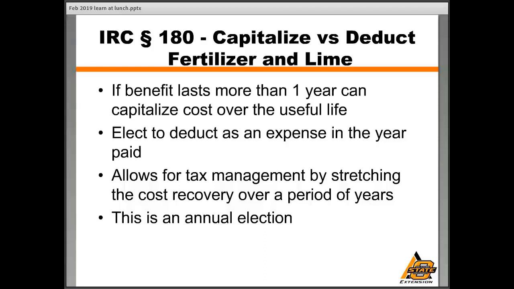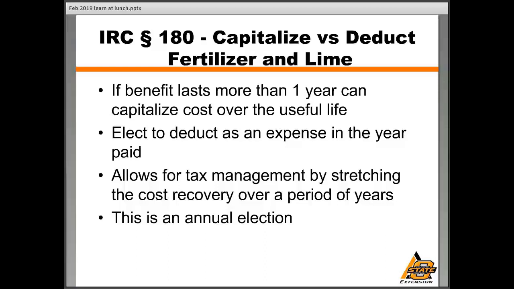However, if it's necessary or would be helpful, if you've got low income this year and you expect income to increase in the future, it is often a benefit to take that expense and capitalize it, move some of the recapture into future years, so you stretch the cost of recovery over a period of years, and basically it allows you to then manage taxable income in the current and the future.